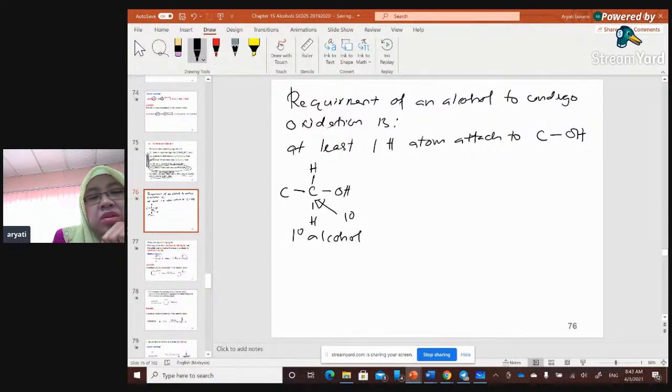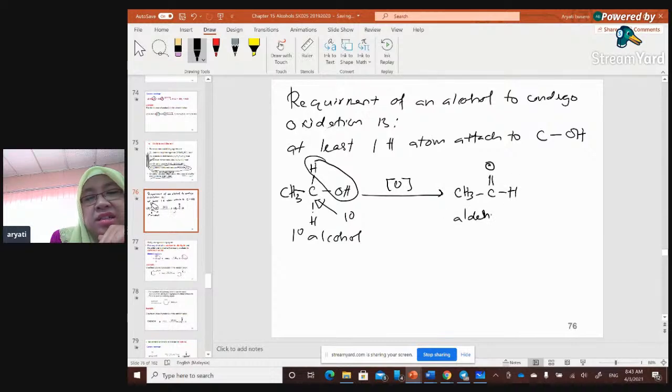So primary alcohol, okay, when undergo oxidation, with oxidation dia mesti tambah oxygen, remove water. So dia akan remove H2O, so dia akan jadi C. So let's say sini ialah CH3. So CH3, C, C, dia akan jadi double bond. Ini dia kembang jadi double bond. Oxidation ditambah oxygen, okay, jadi H is retained, dia akan jadi aldehyde.